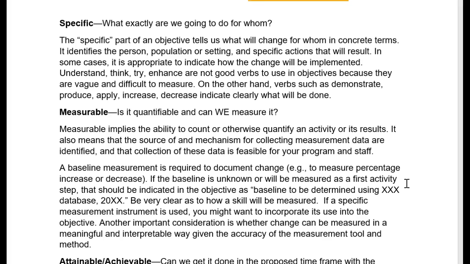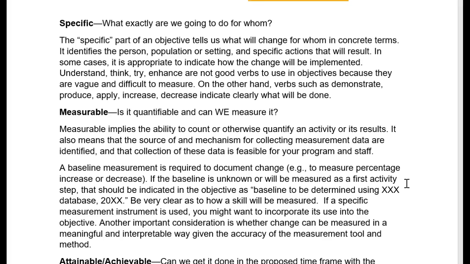Goals and objectives also have to be measurable. Can we quantify it in some way? How will we measure it? Can we count the number of times a student gets something right? Can we create a baseline? Jack maybe only identifies math facts from 1 to 5 correctly every once in a while.